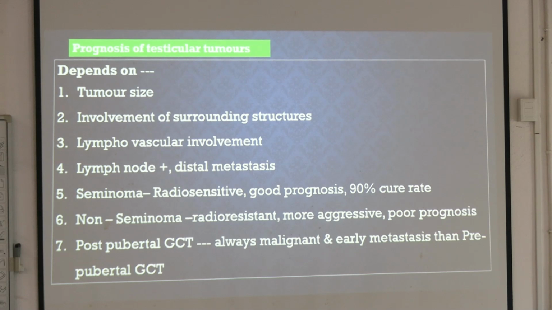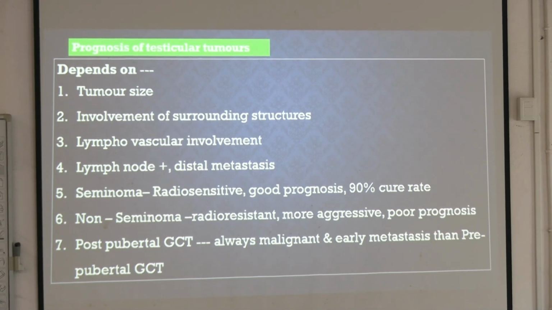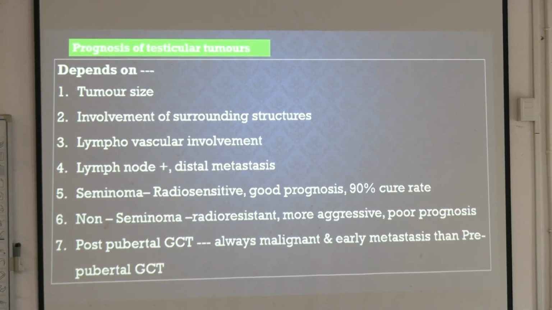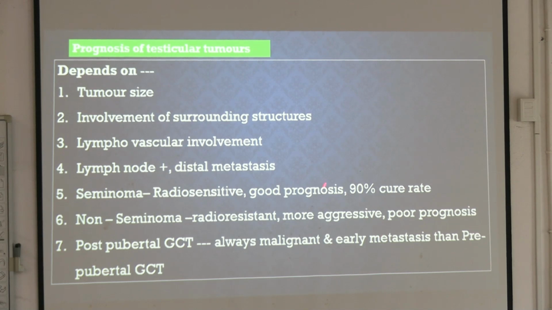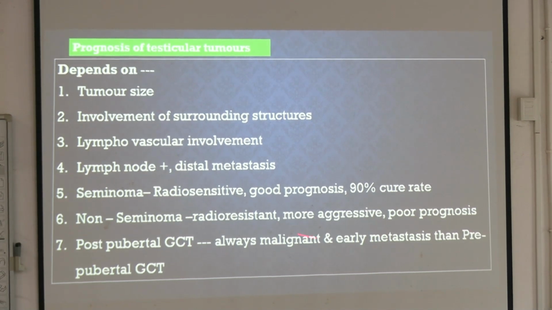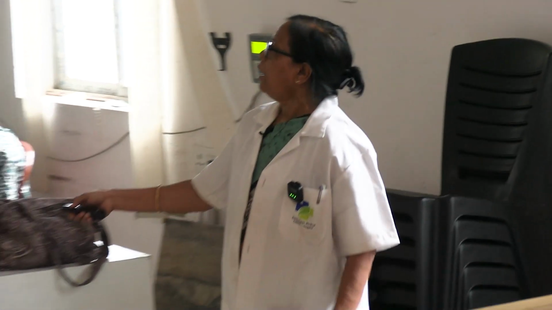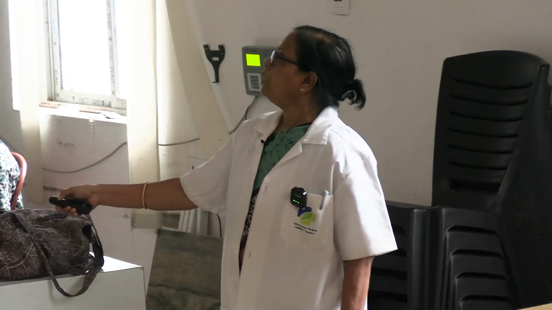Seminoma is very important because it is radiosensitive and has a better outcome than other tumors, with a 90% cure rate. Non-seminoma, which is why we broadly classify into seminoma and non-seminoma, is radioresistant. So this is important: it is more aggressive and has a poor prognosis.